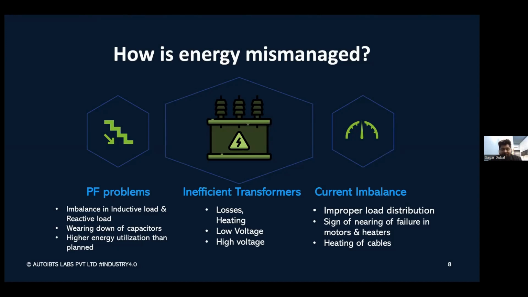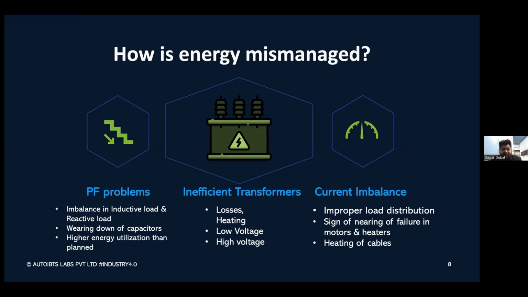So now when PF is down, the electricity board will charge you a high amount, they'll charge you a penalty. And if your PF is good, they will give you a reward. So it's a win-win situation for both of you. If your PF is good, you also get rewards. The life of your assets will also increase.